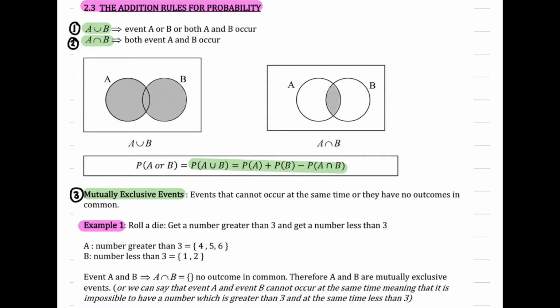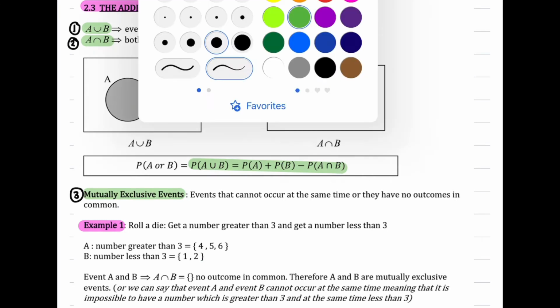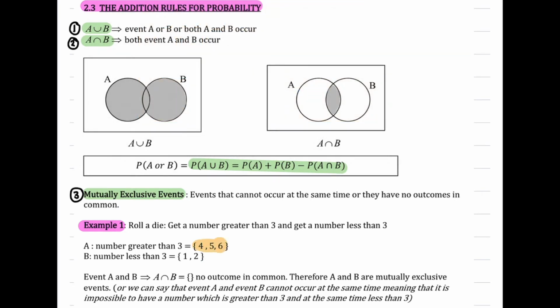The outcomes for event A are 4, 5 and 6, greater than 3. The outcomes for event B are numbers less than 3, which are 1 and 2 only. If you look at these two sets of outcomes, you don't have any common value. This is an example of mutually exclusive events.